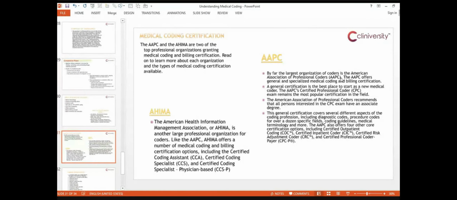After that you get the certification, which has a certain period of validity, after which it needs to be renewed.